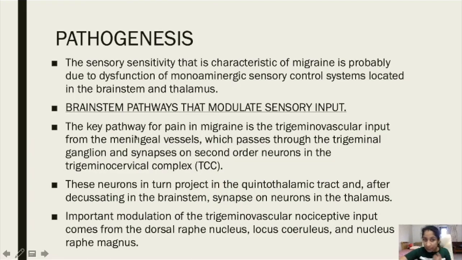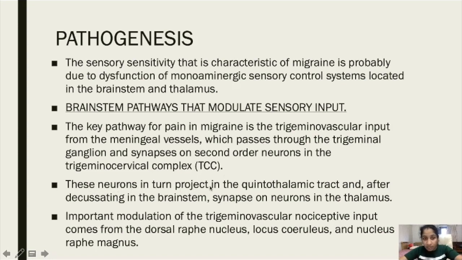So the key pathway for the pain in migraine is the trigeminal-vascular input from the meningeal vessels, which passes through the trigeminal ganglion that we saw in the picture, and it synapses on second order neurons in the trigeminocervical complex.